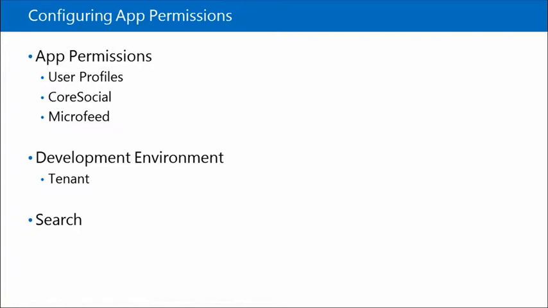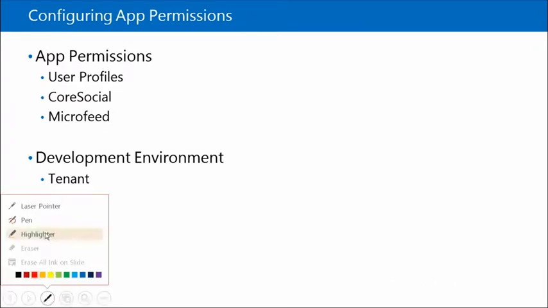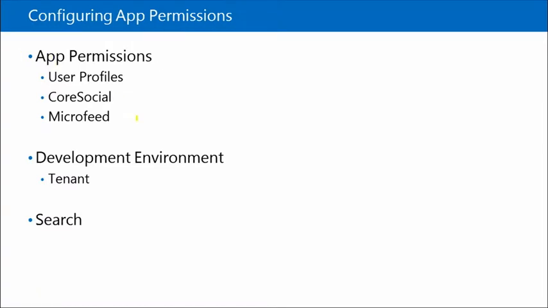Okay, so I mentioned again the app permissions. We've seen this in a previous demo on the app manifest. This is something that Visual Studio has a visual interface for. If you want to do a social app, these are the permissions that you want to be aware of. We've got 3 in specific: the user profiles, the core social, and the microfeed.